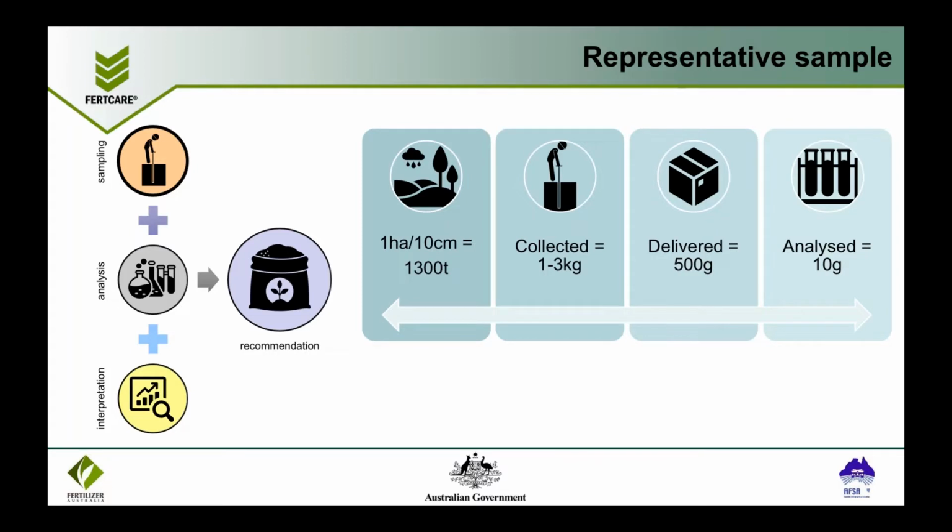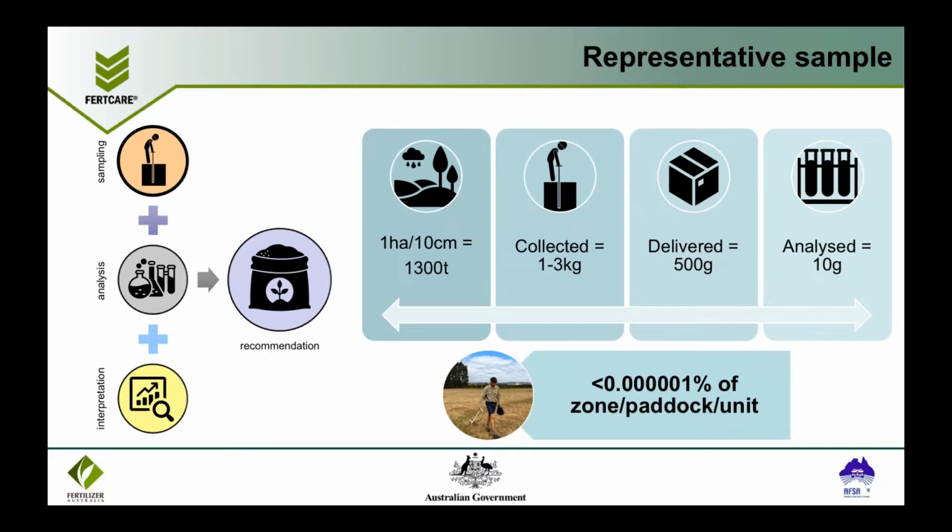Again, Jeff's already touched on this, that the whole activity of sampling, analysis, interpretation, and recommendation is based on a sample that needs to be representative, given that really quite a small proportion of what we collect in the paddock is actually delivered finally to the laboratory for analysis. For some particular analytes, whilst you might be using 5 to 10 grams to do some analyses, it might be half a gram or even a gram.